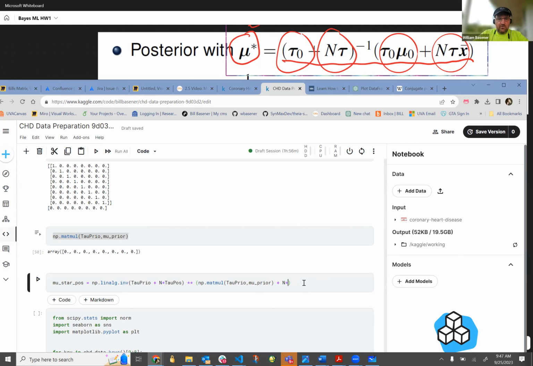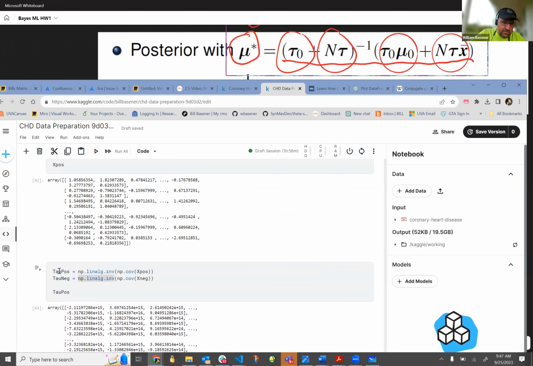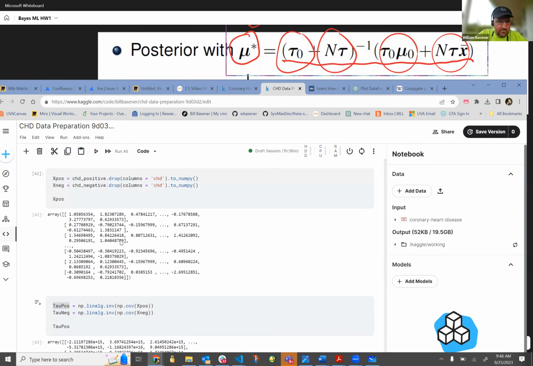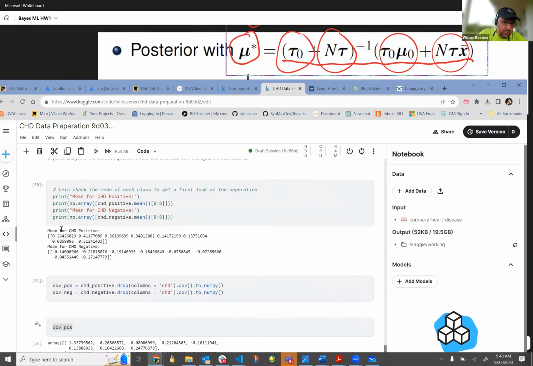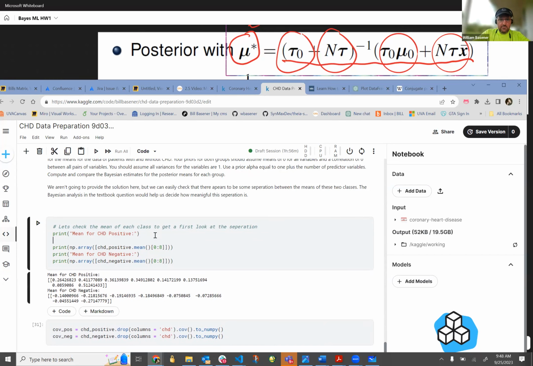Anyway, so I'm going to keep this n, it's just a scalar, we'll figure out what it is in a moment, times tau. Now tau is the precision matrix for the positive class, so let's call that tau positive, put that here. And then times x bar, which is the mean for the positive class. So let's scroll up and find out where we computed that. Okay, we never computed it, so let's call it mu positive. Or maybe it's mu bar, or x bar in this example.